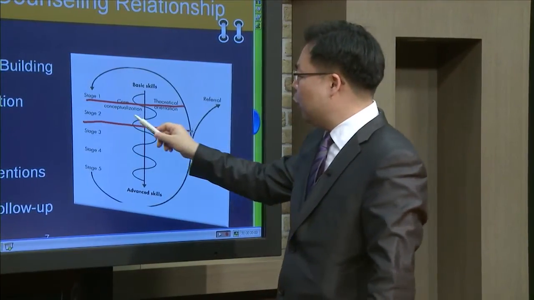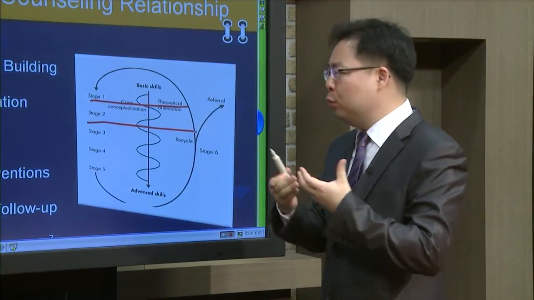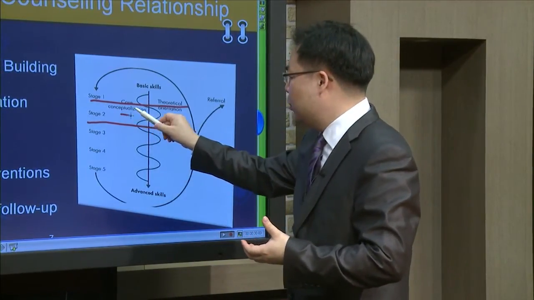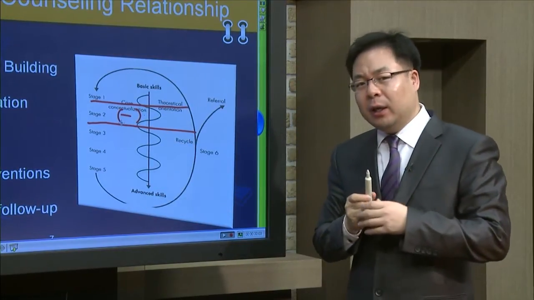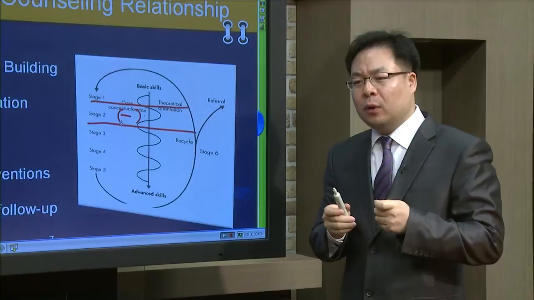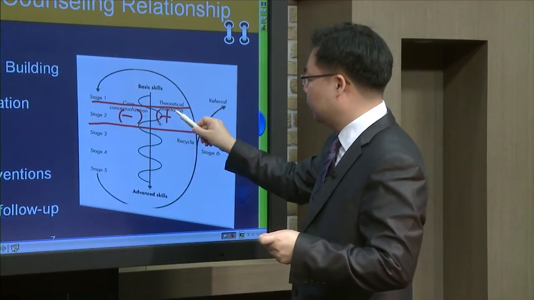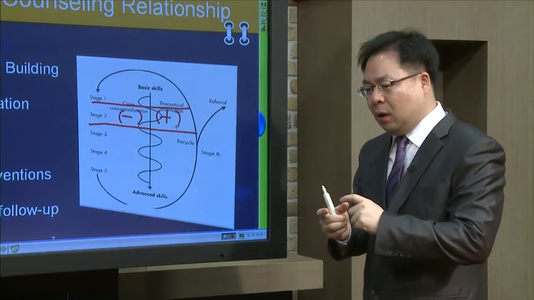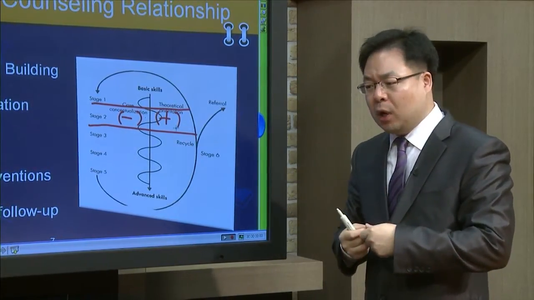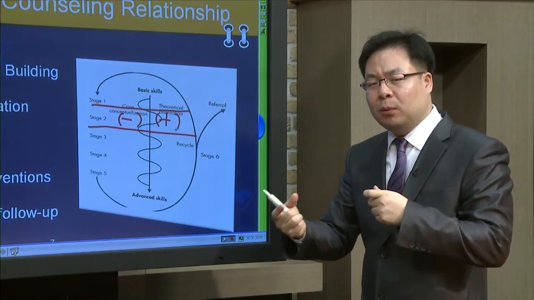But in step 2, we have a tendency to explore their problem from a more negative perspective. But I encourage you to think about some positive things of the client at stage 2. So not only asking how severe was the problem, when did the problem start.